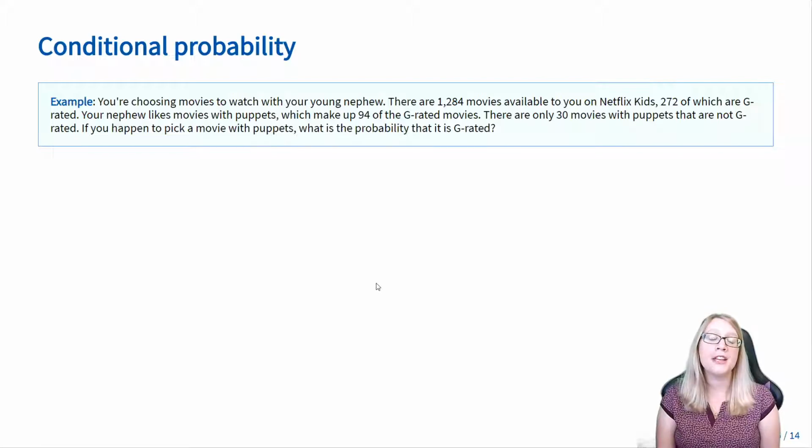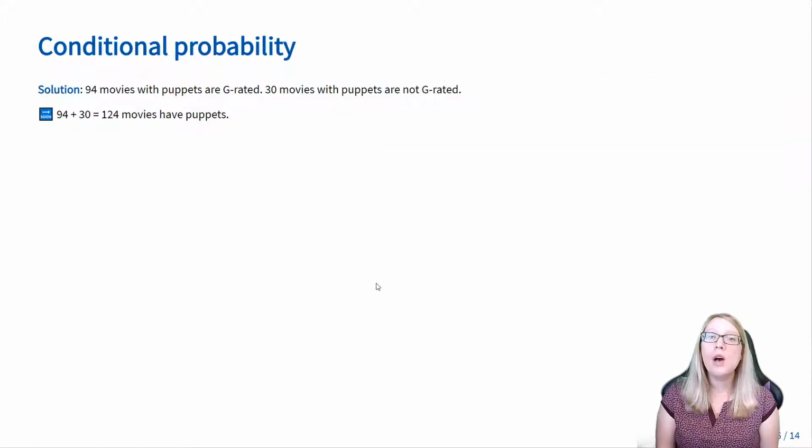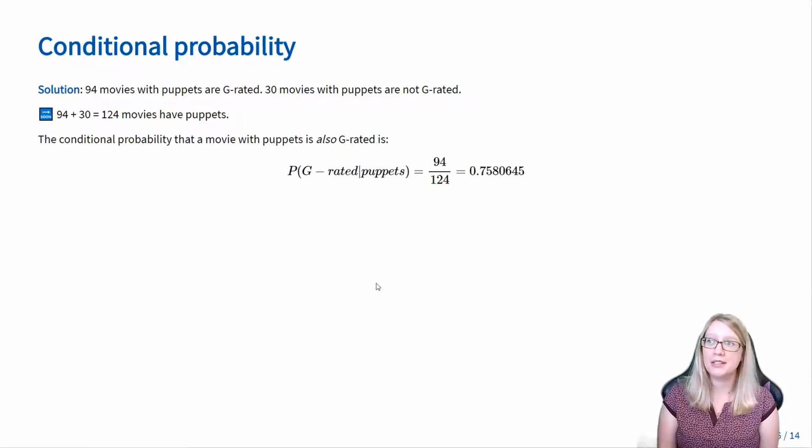So let's say you are scrolling through Netflix looking at the preview images and your nephew sees a movie with puppets and that's what he wants to watch. What's the probability that it's also G-rated? Well, we know that 94 movies with puppets are G-rated. We also know that 30 movies with puppets are not G-rated. That means that in total 124 movies have puppets.